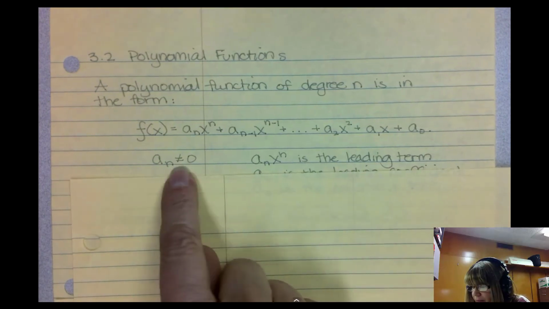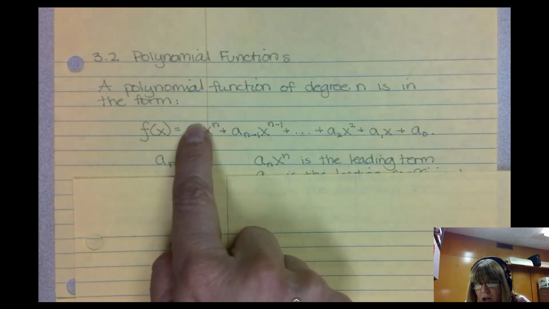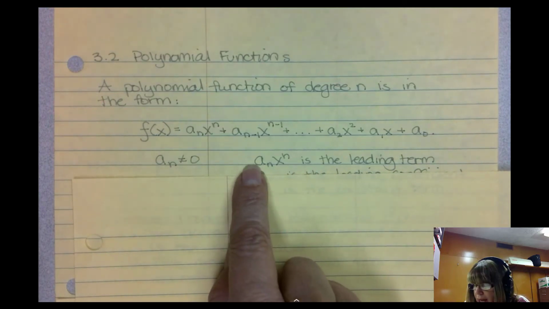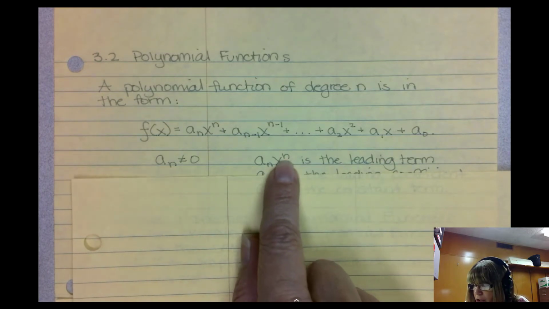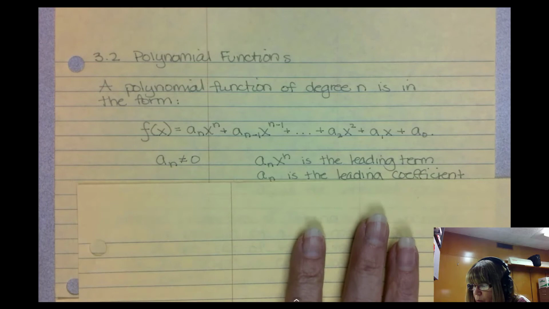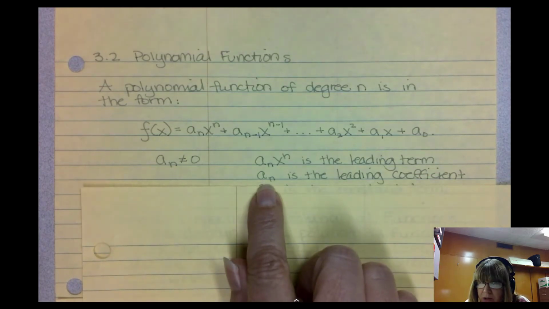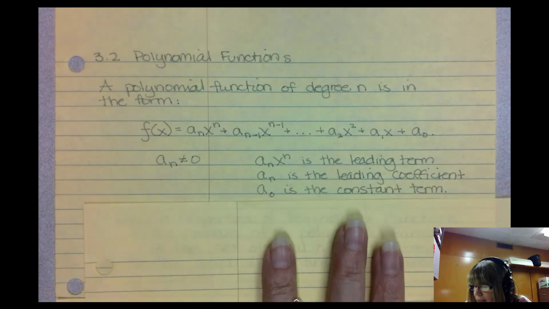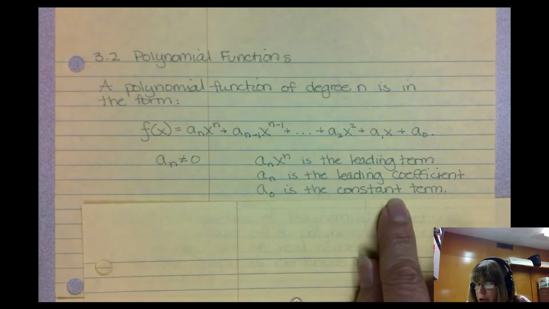Then if it is not 0, this first term is what's called our leading term. A with the subscript of n, x to the n power is our leading term. Our leading coefficient is the a with the subscript of n, and our a with the subscript of 0 is our constant term. It's just a number.